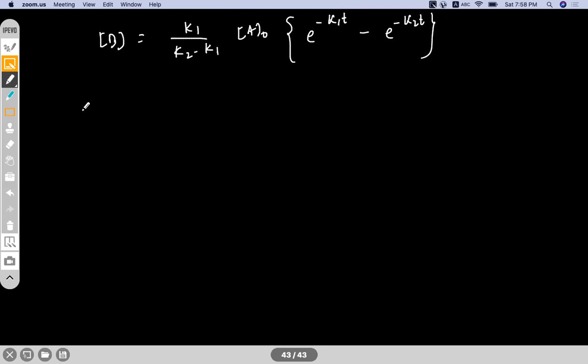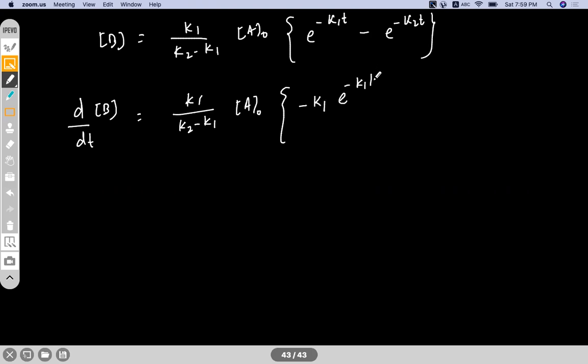When you differentiate this, you'll get a very simple, very symmetrical expression, so don't worry. All these things are constant, so I'll write K1 by K2 minus K1 A naught as it is, and the derivative gives minus K1 e to the power minus K1T plus K2 e to the power minus K2T.